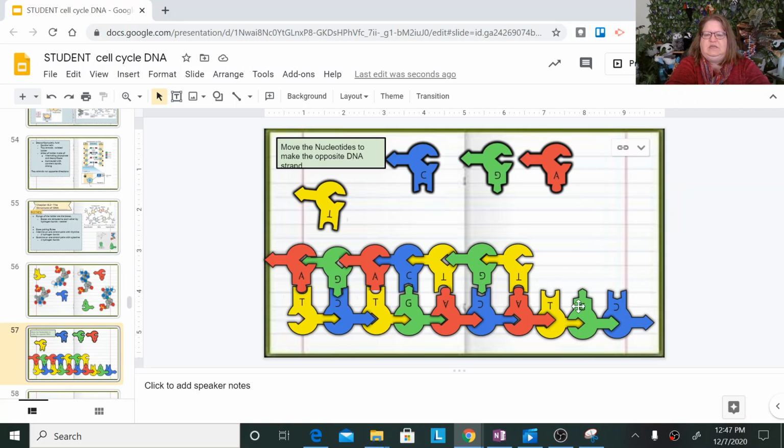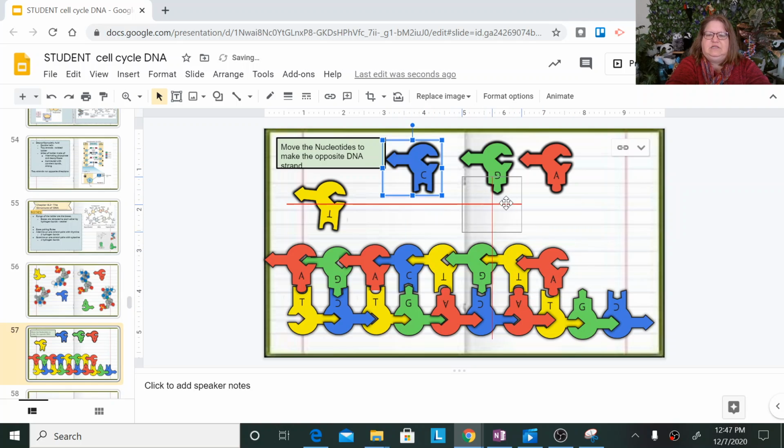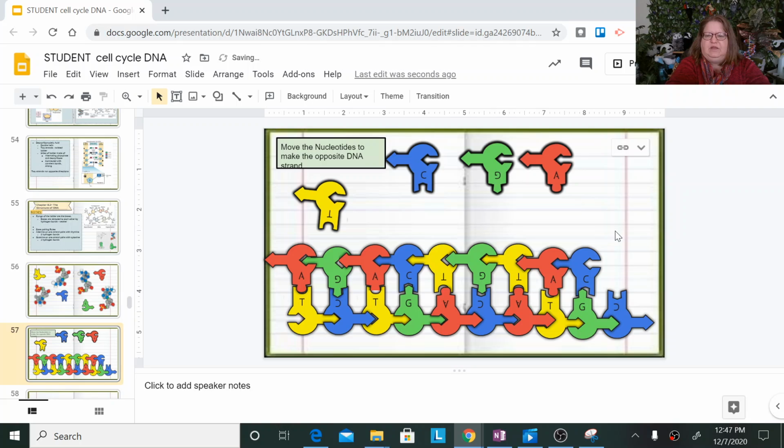We have T, G, and C. Hit pause. And hopefully you are getting the idea. We have A, and then C, and of course you can see if you don't get it perfectly right, if they don't match up, but they're not too bad. And then another G. Let's get that up.